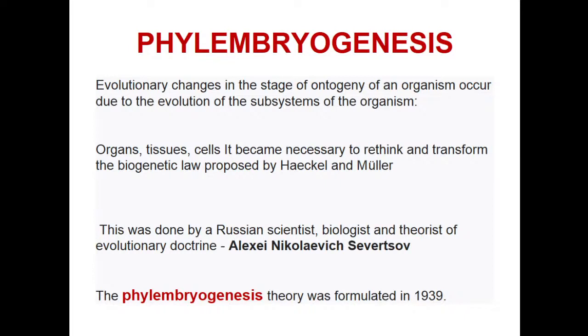It became necessary to rethink and transform the biogenetic law proposed by Haeckel and Müller. This was done by a Russian scientist, biologist, and theorist of evolutionary doctrine, as phylembryogenesis, and this theory was formulated in 1939.